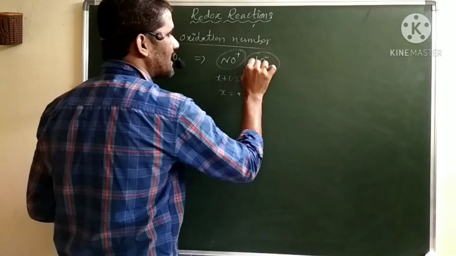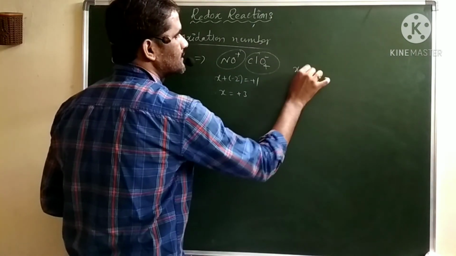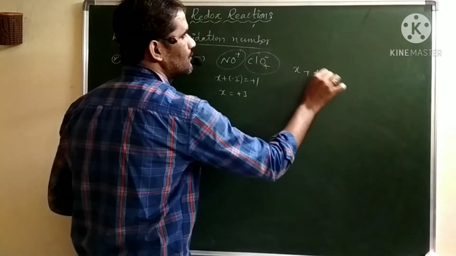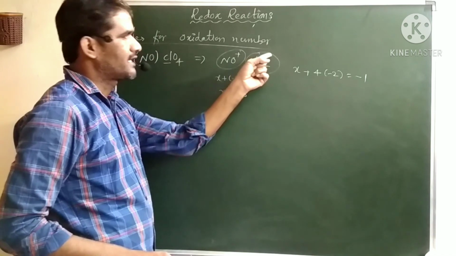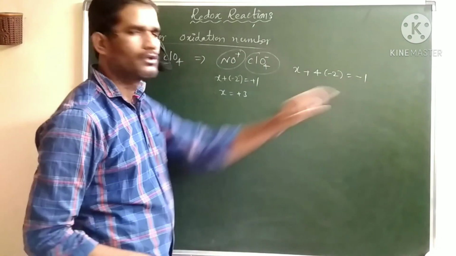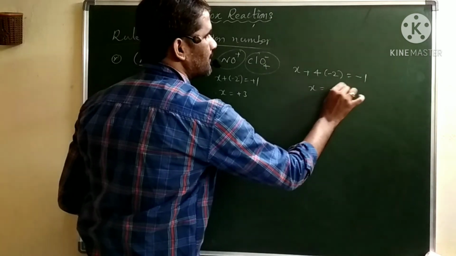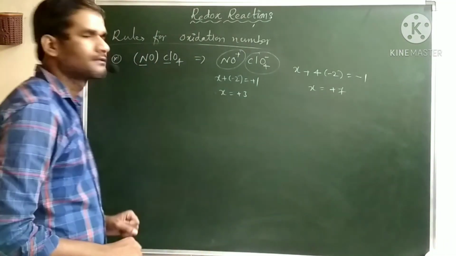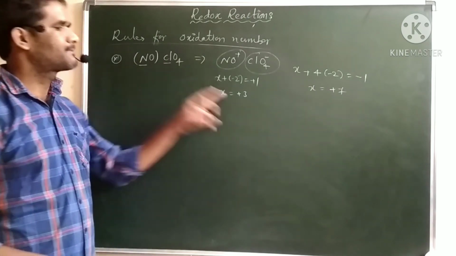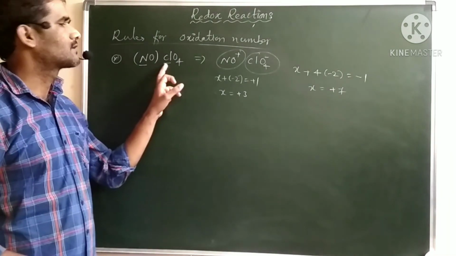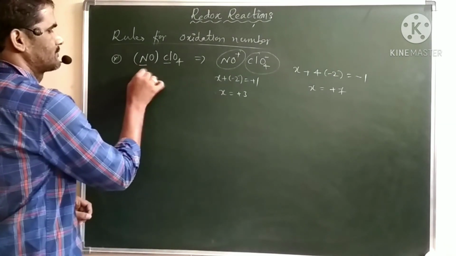If you want to calculate the chlorine oxidation state, then X, there are 4 oxygens, 4 into minus 2, equals, now this unit carries a negative charge, so equals minus 1. From this X equals plus 7. So here in NOClO4, nitrogen carries plus 3 oxidation state and chlorine carries plus 7 oxidation state individually.